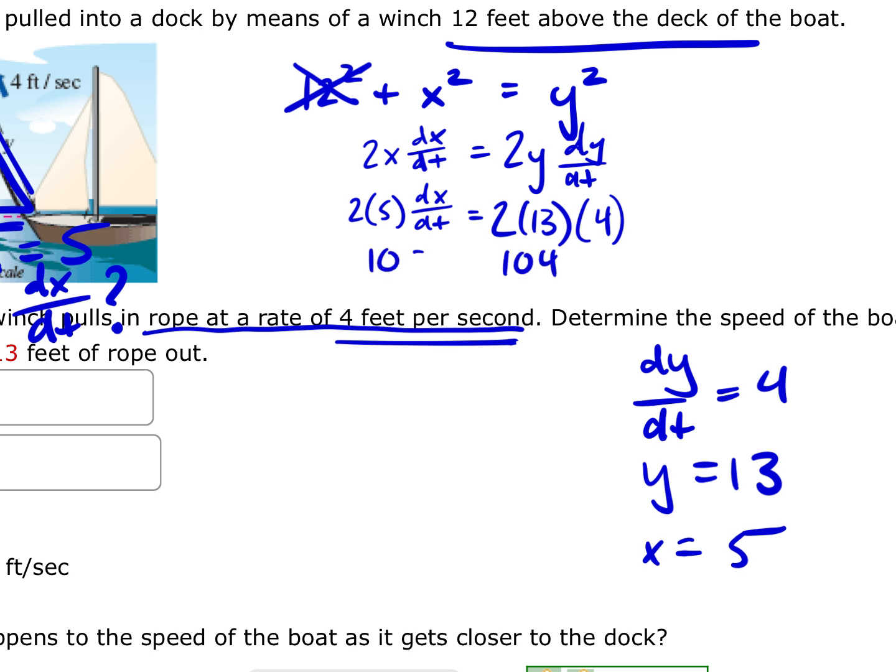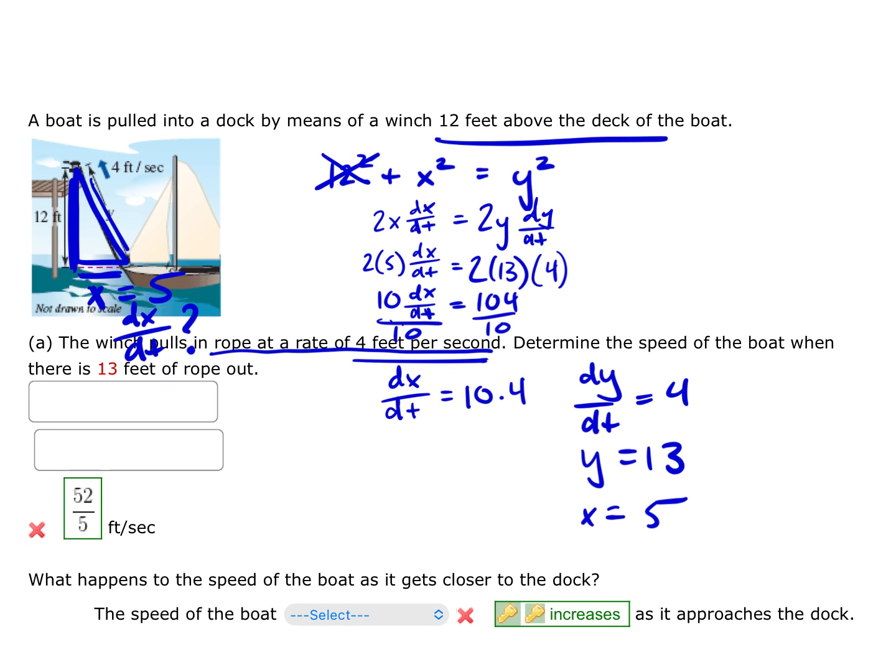And 2 times 5 is 10, so 10 dx over dt is equal to 104, and then divide by 10. So dx over dt is equal to 10.4. 10.4 what? Feet per second, perfect.